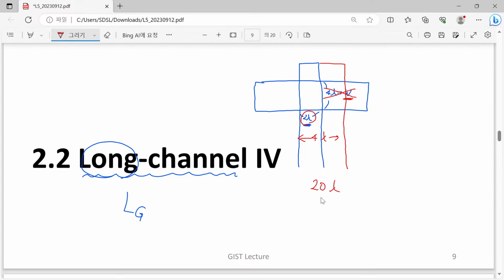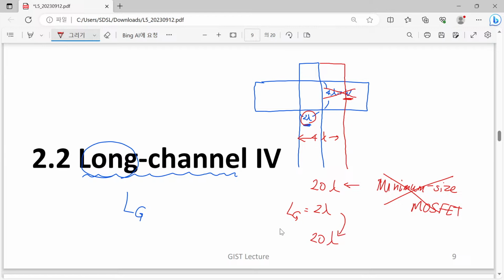In this case, we don't treat it as a minimum sized MOSFET. It is actually far longer than a minimum sized MOSFET. The minimum sized MOSFET has gate length of 2 times lambda, but if we have 20, then it is much longer than the minimum available gate length.